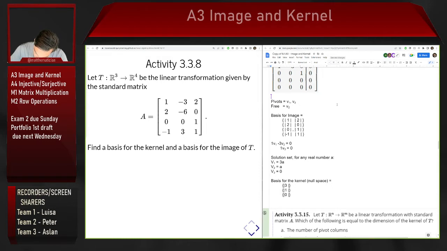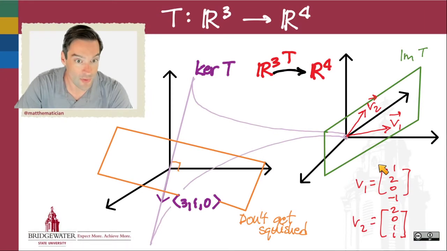Notice that these are four-dimensional vectors, because that's where my image resides, in the codomain of my transformation. These vectors are columns of my original matrix, and so they represent vectors in the codomain. Collectively, these two vectors span the entirety of the image of my linear transformation.